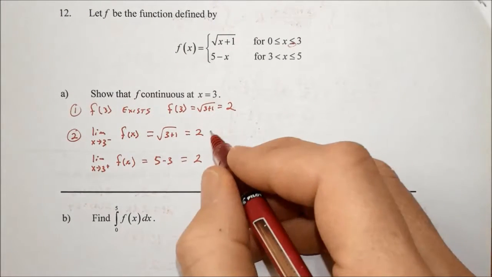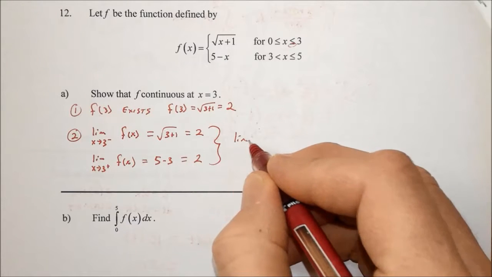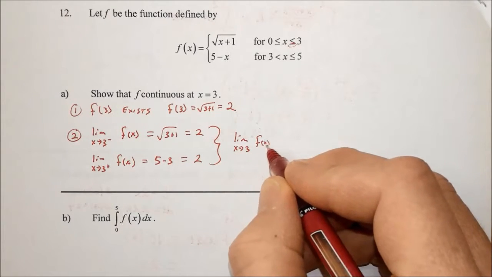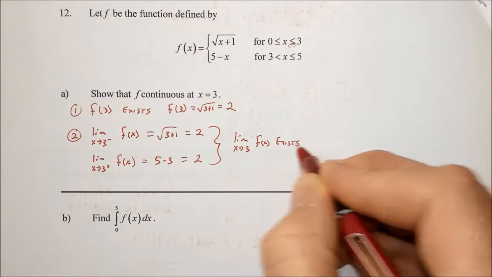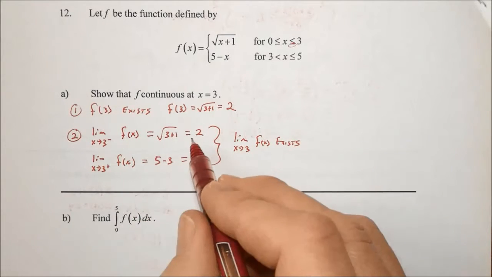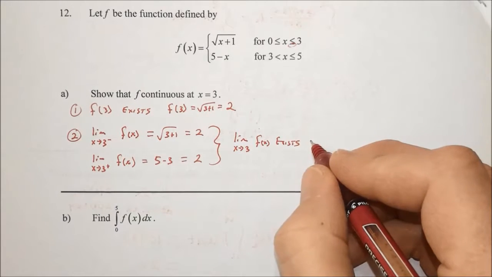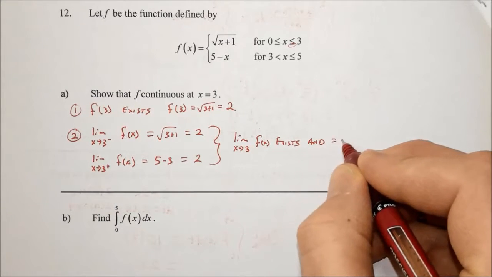Alright, so therefore, we know that the limit as x approaches 3 of f of x exists, because the limit from the left was 2, the limit from the right was 2, and equals 2.